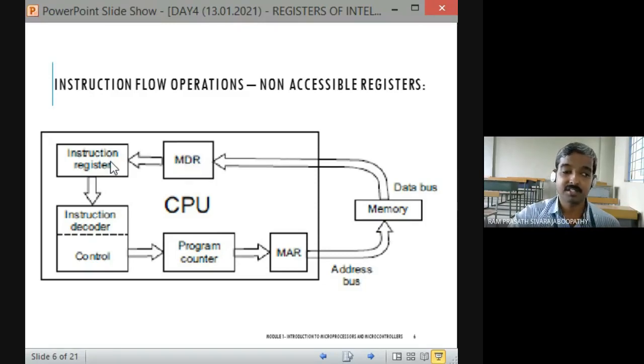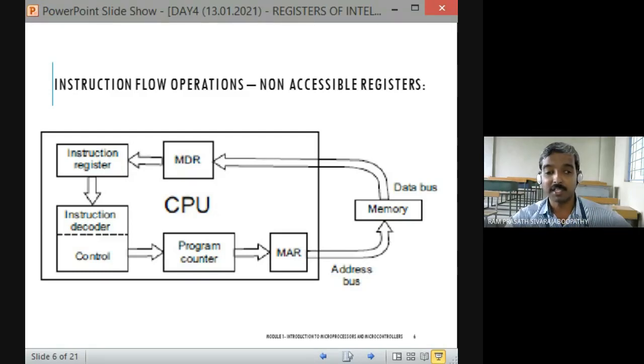Then we have the instruction register. If the content we got is an instruction, it will be copied to the instruction register, or else it will go to the corresponding register. Clear? The instruction register can simply be termed the IR register.